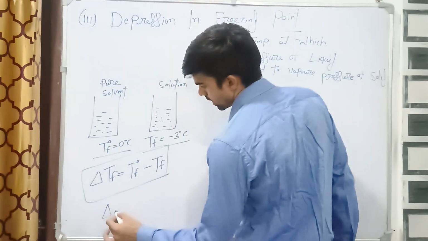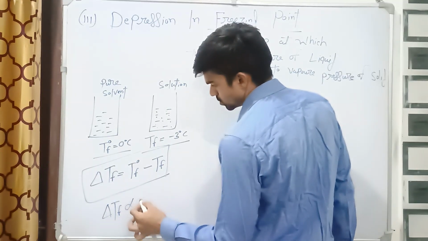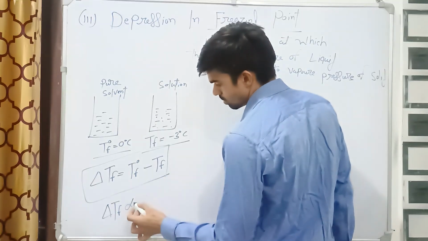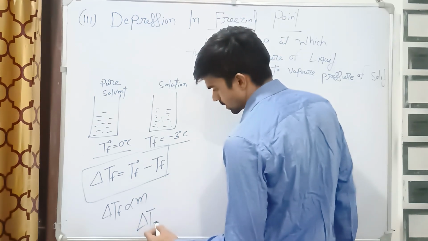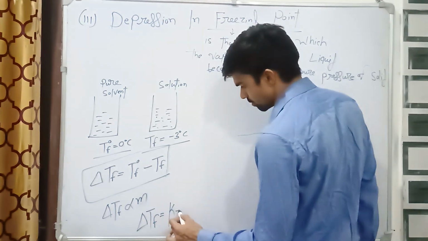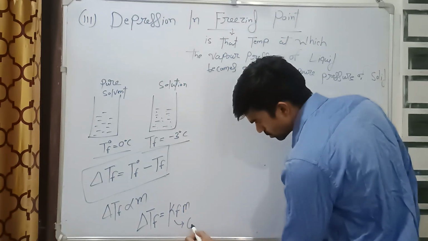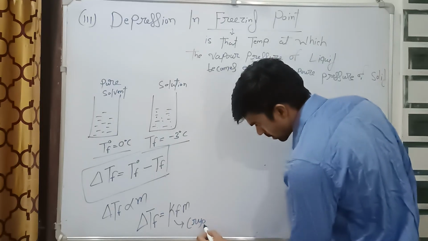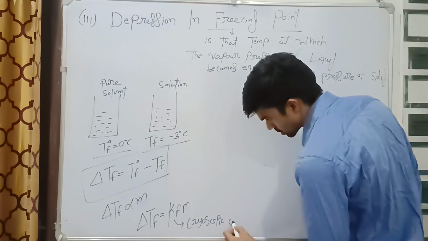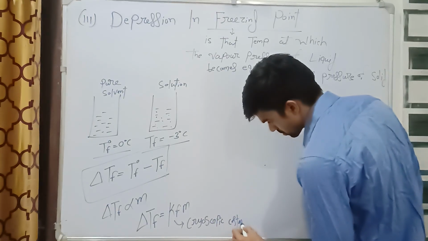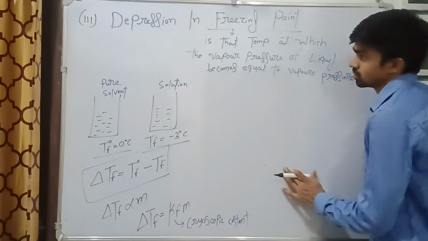Again you can write del Tf is directly proportional to molality, and when we remove this proportionality sign, del Tf is equal to Kf into m, and this Kf is called the cryoscopic constant.